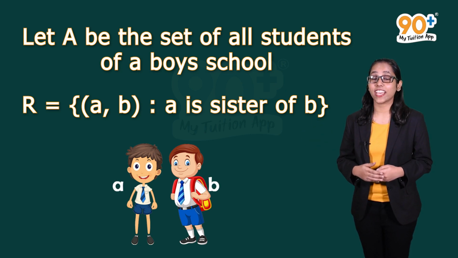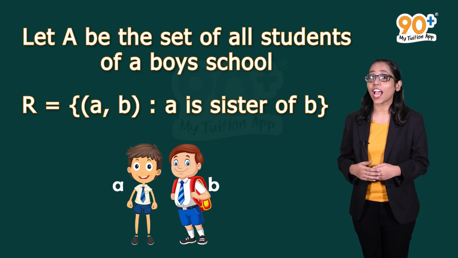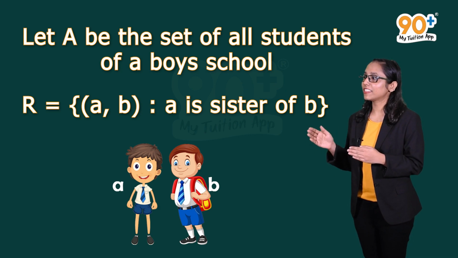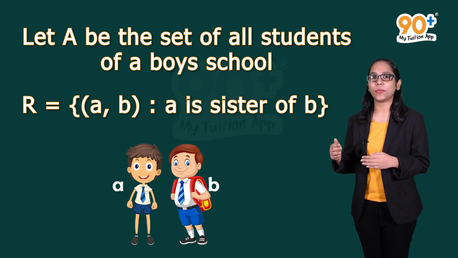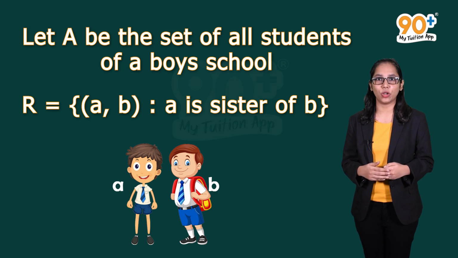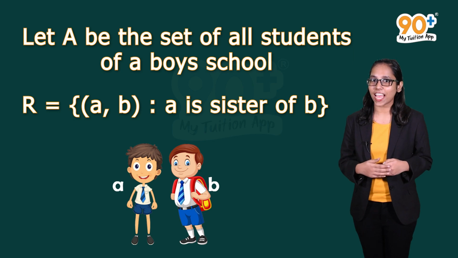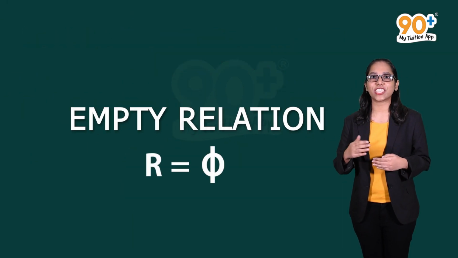So, in the question, it is given that all students are boys, but relation R is defined as a is sister of b, which means that a cannot be sister of b. That is, the number of elements in relation R is 0, which means that R will be equal to φ. That is, R is the empty relation.